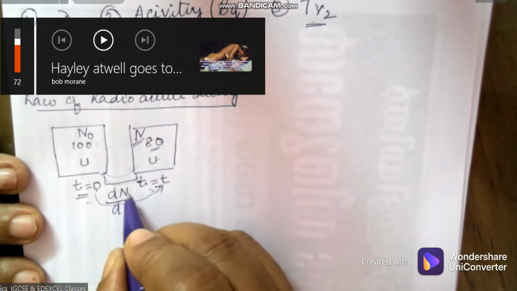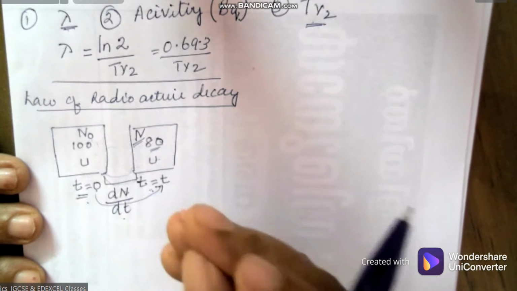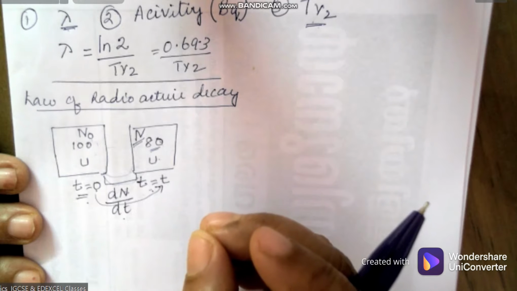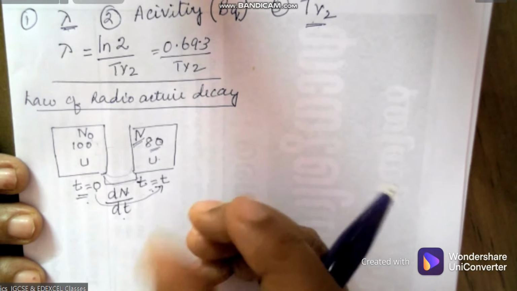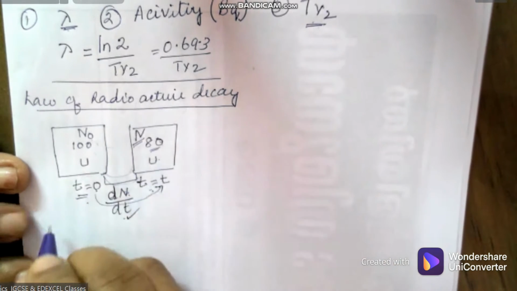So if you take a small time interval dt, the number of radioactive nuclei decaying in that time is dN. And the law says that the number of nuclei decaying in a certain time, that means dN by dt.